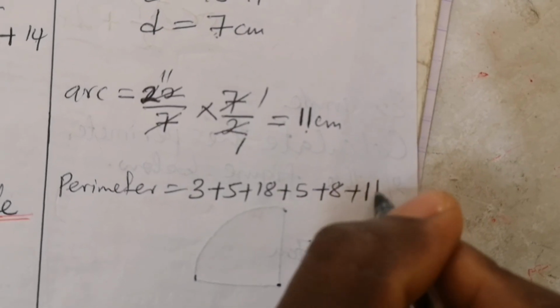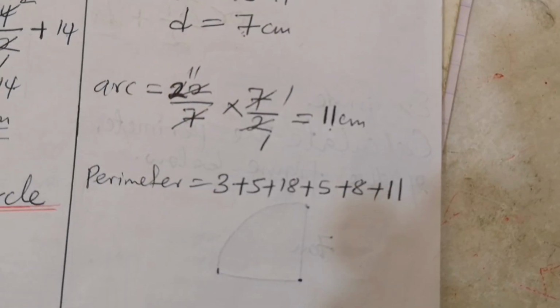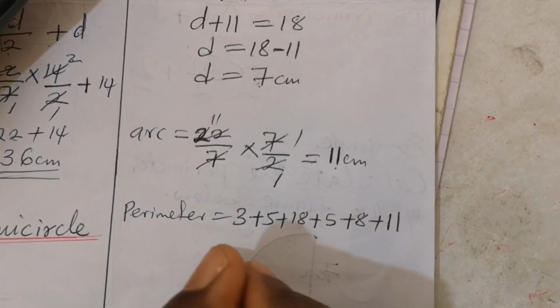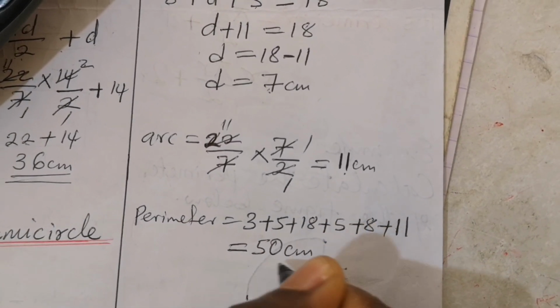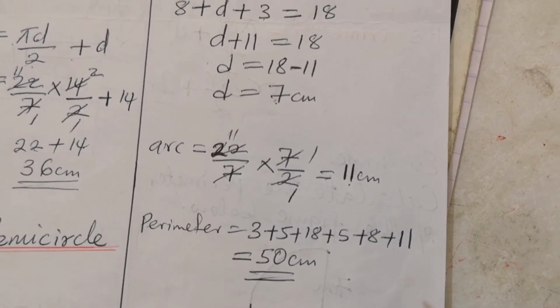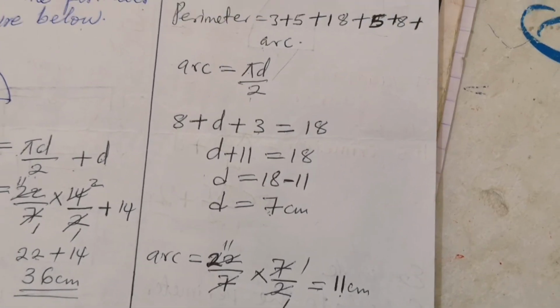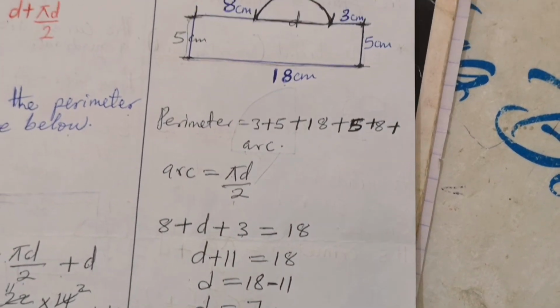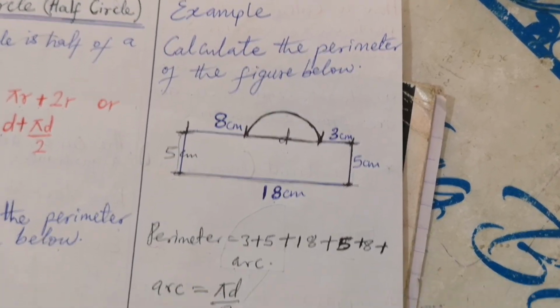Let me calculate everything. So the perimeter is what? 50 cm. Okay, so that is how you can calculate the perimeter of a semicircle and that of arc of a semicircle.